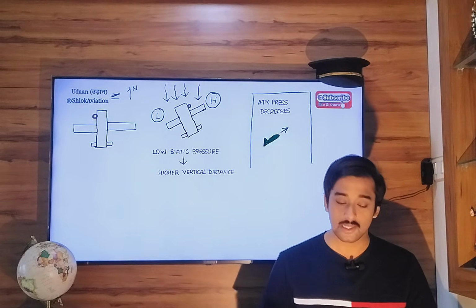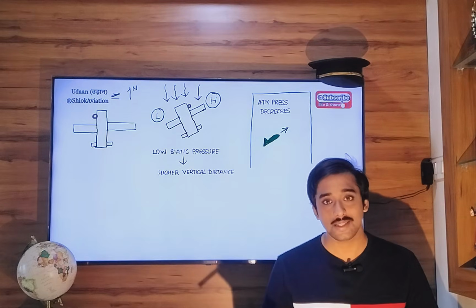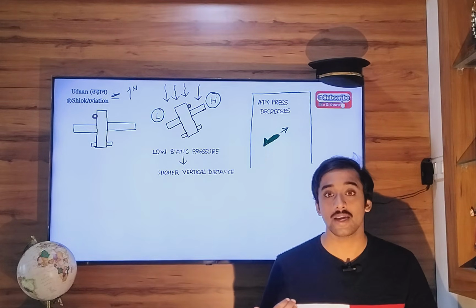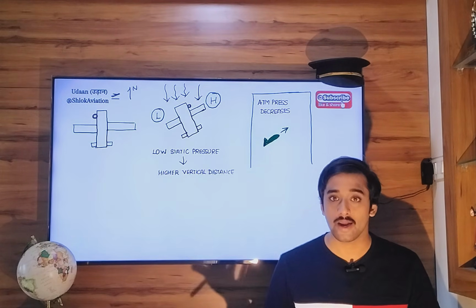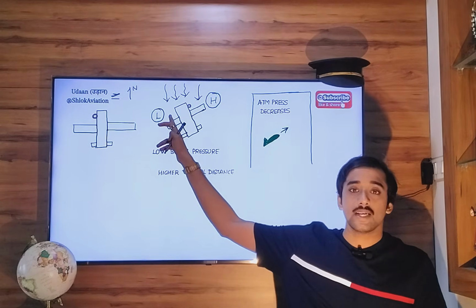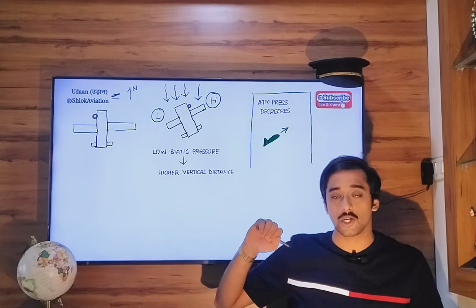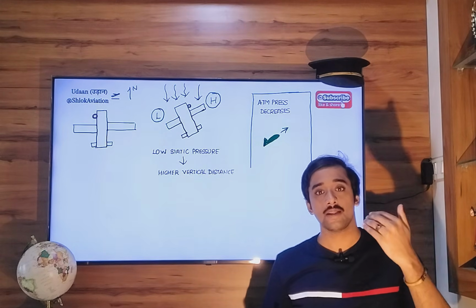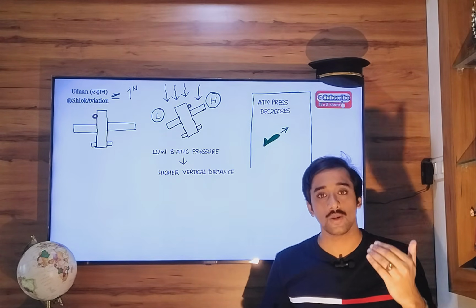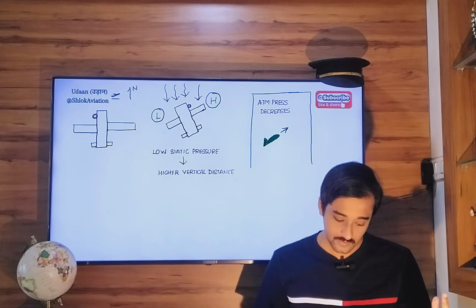So what will happen? If it's situated on the right hand side, it will experience higher pressure, more than required. Whereas on the left hand side, there is lower pressure than the actual static pressure. On the right hand side, we have higher pressure than the actual static atmospheric pressure.